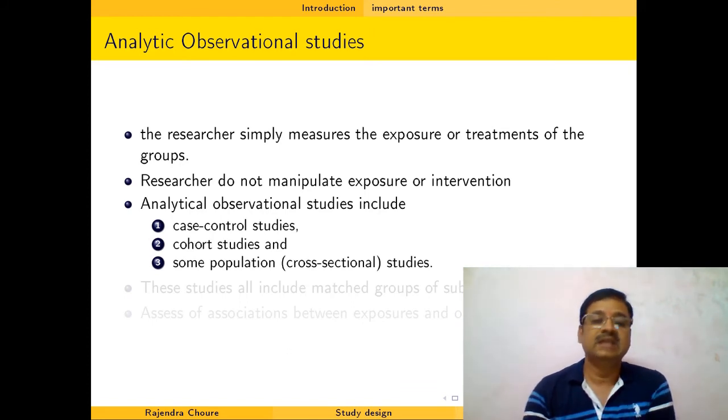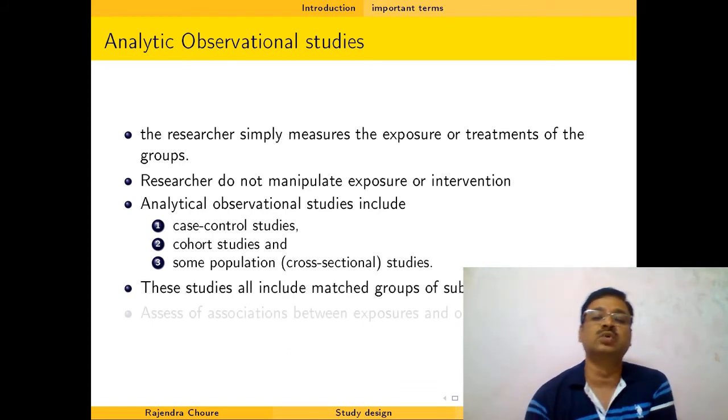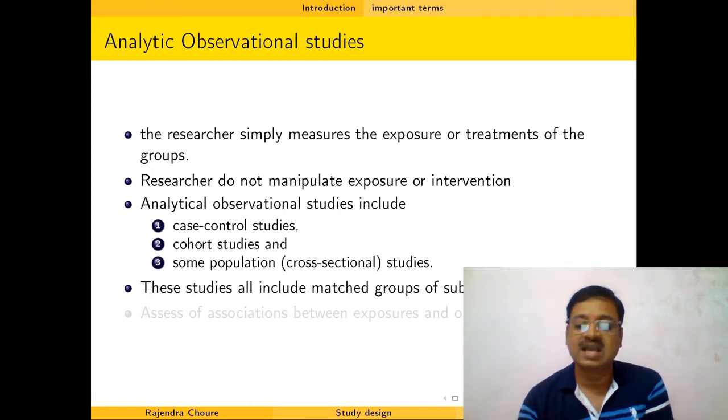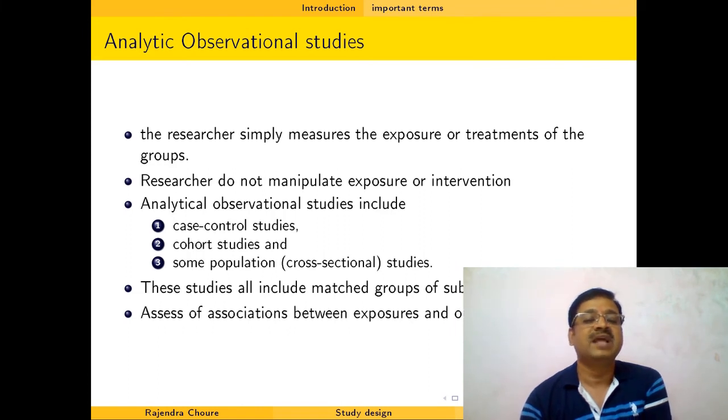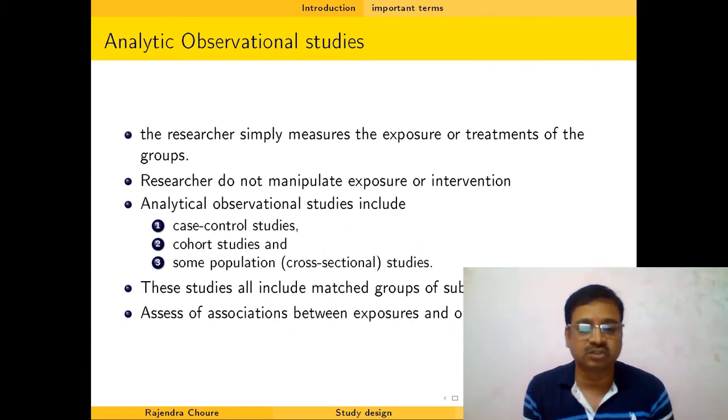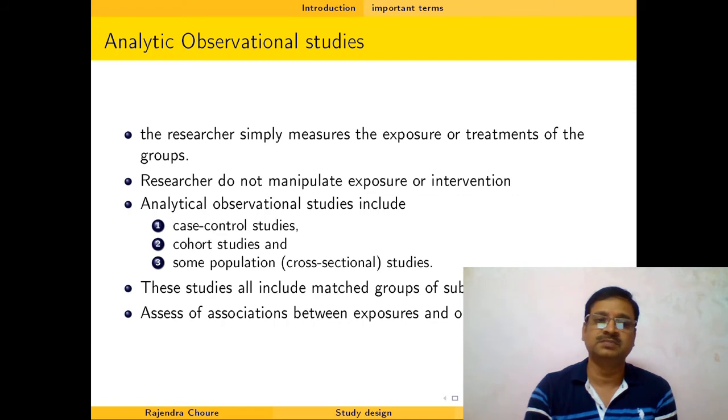These studies all include matched groups of subjects, where two groups are compared together: a control group and a test group, or other groups. We compare those different groups, and those will be called analytical observational studies, and they assess the association between exposure and outcomes.